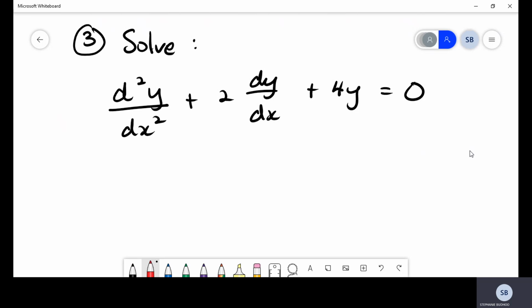We can see that the highest derivative is to the power of 2, so it is a second order differential equation. Check. Also, is it homogeneous? Well, we can see our right-hand side is equal to 0, so it's definitely homogeneous. Check. So we can apply the auxiliary equation type solution.